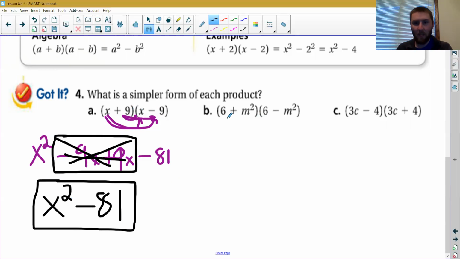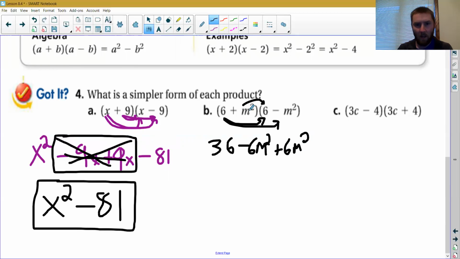If I do the same thing here, and I go through my double distributive property, 6 times 6 is 36. And then I would have minus 6m squared. And then I would have, multiplying these 2 guys, plus 6m squared. And then I would have, let's see, what happens when I do an m squared times another m squared?